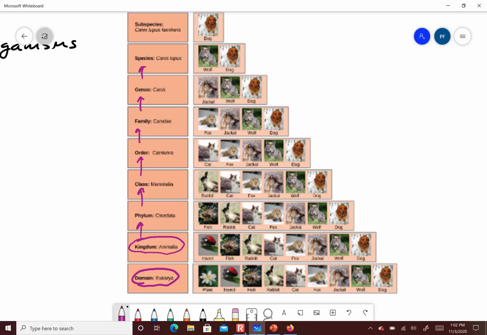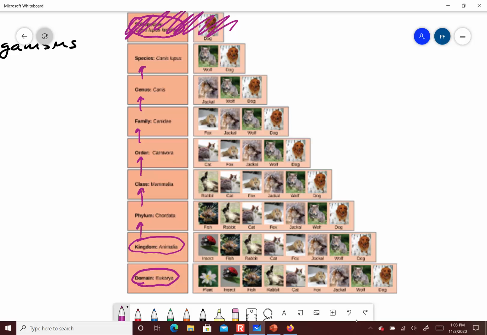Now, the one thing that's a little different on this picture versus what I showed you with our list is they have this subspecies category here. We're not going to do this with that much detail. So if you look at this picture, I would just ignore that and just stop at the species level. And I would also not have the wolf there. Anyway, all that stuff doesn't matter.